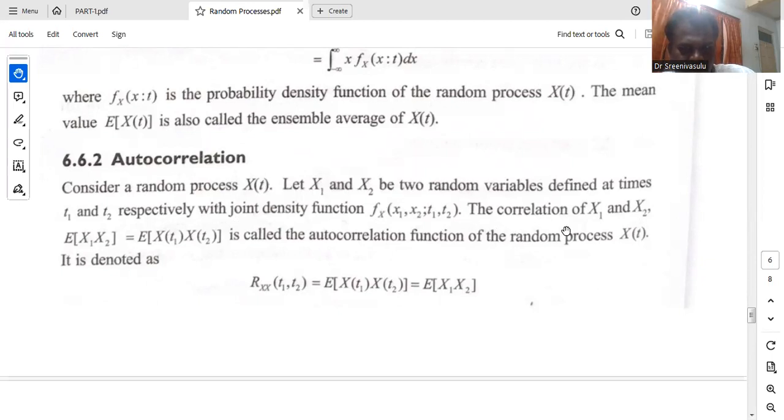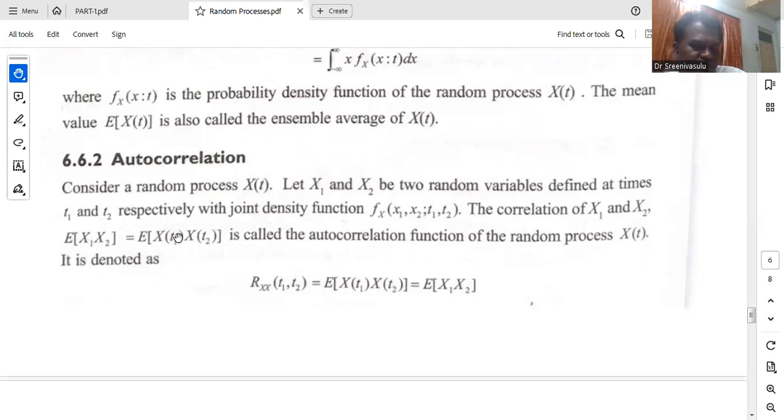Now the correlation of x1 and x2. The random process is the same, but at two different time instants we get the random variables. So expected value of x1 x2 is equal to expected value of x of t1 into x of t2.